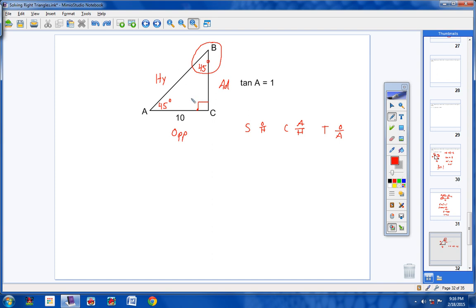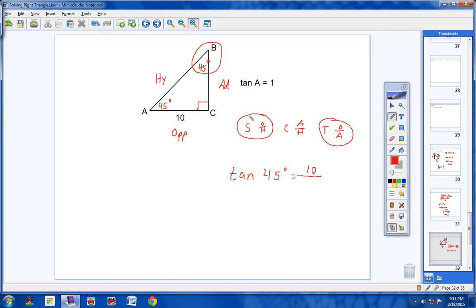Listen, what side do you know the length of? Opposite. So use one that has opposite. You can use this one or this one. I'm going to use tangent just because I feel like it, no other reason, okay? So I'm going to say the tangent of, now hold it, what angle did I circle? 45 degrees. So the tangent of 45 degrees equals opposite over adjacent. So my opposite side is 10.